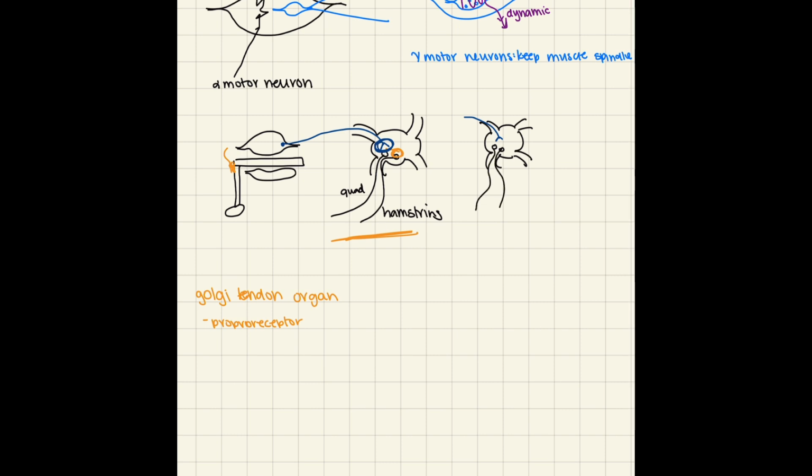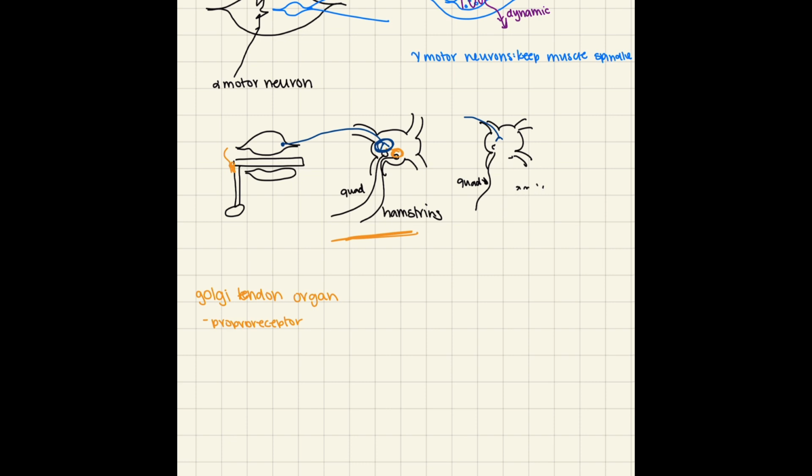So if this is our quad motor neuron, and this is our hamstring motor neuron, in order to prevent pulling the tendon off the bone or hurting ourselves, we will inhibit the quad. I drew this kind of wrong, but we're just going to go with it.